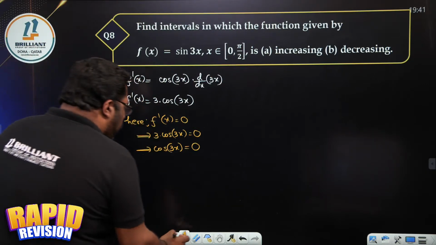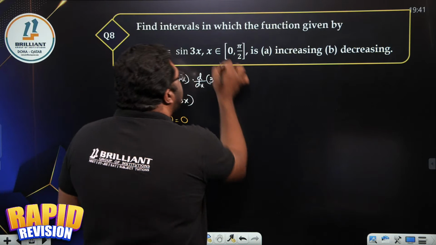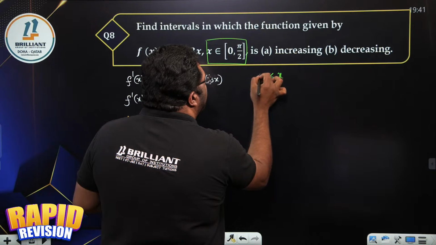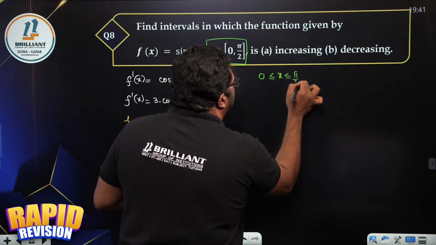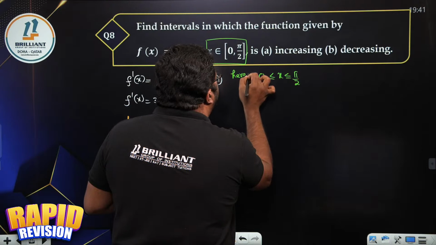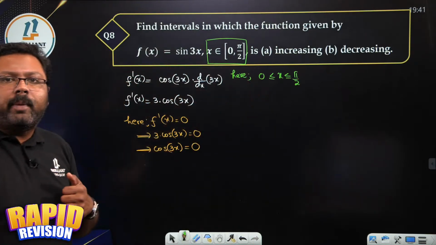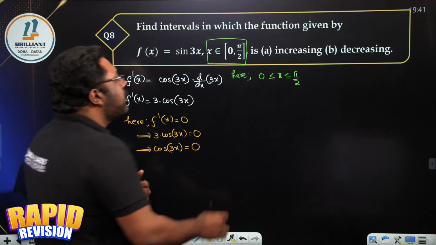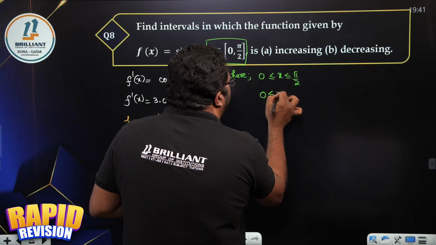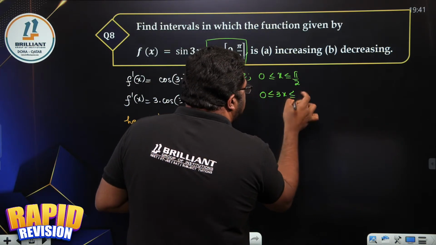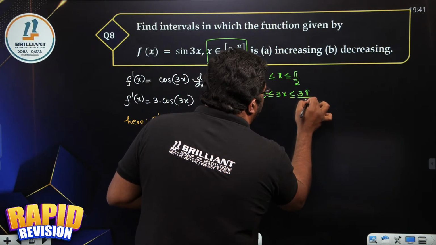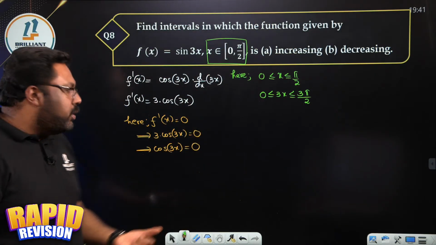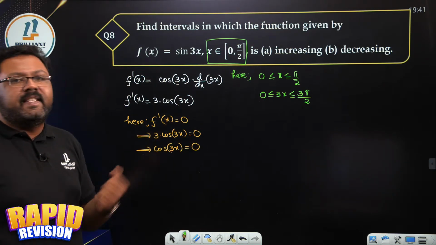But here you have a confusion in the question. The question says x belongs to 0 to pi by 2. But my angle is no longer x, it's 3x. So I have to think about angles between 0 and 3 pi by 2, which make cos of that 0.